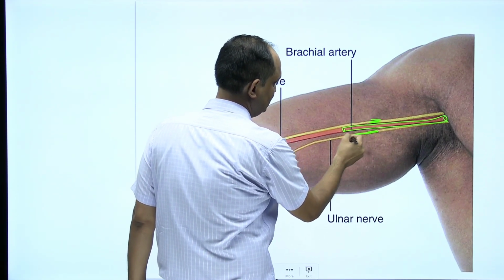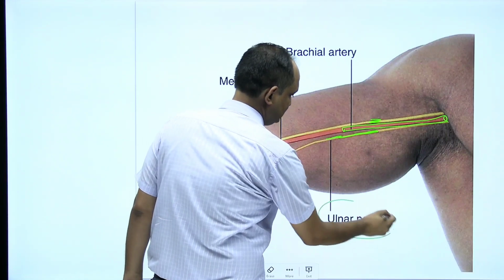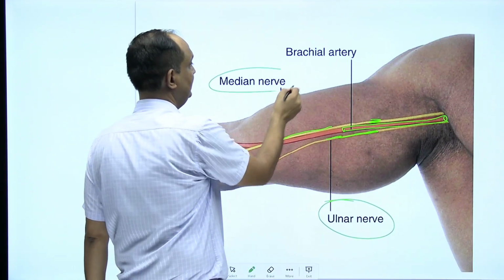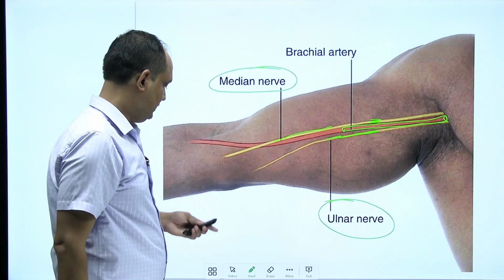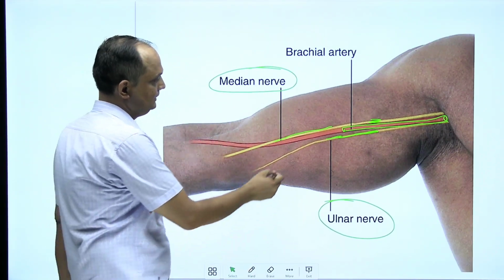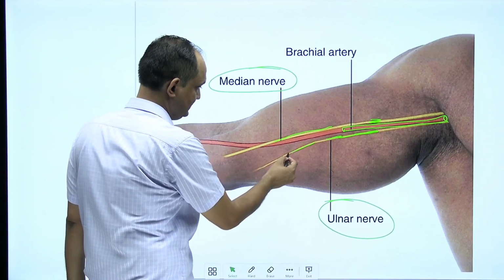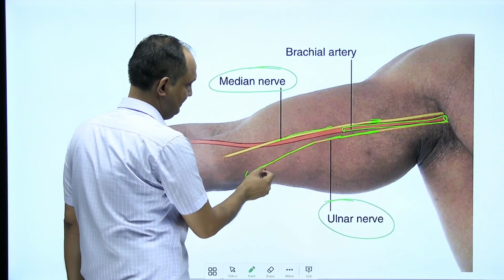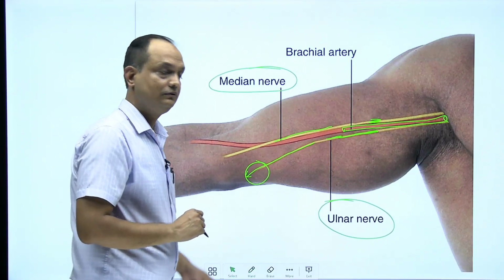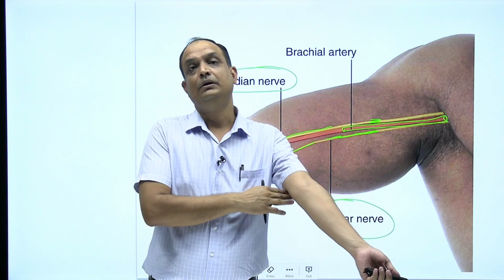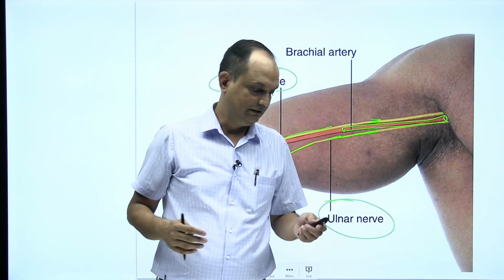This medial side nerve is known as ulnar nerve, and this nerve is your median nerve. Clear? Now, another important thing is that in this diagram you can appreciate that this nerve is going somewhere posteriorly. It is disappearing after this level, because the ulnar nerve disappears in the mid arm by going into the posterior compartment.